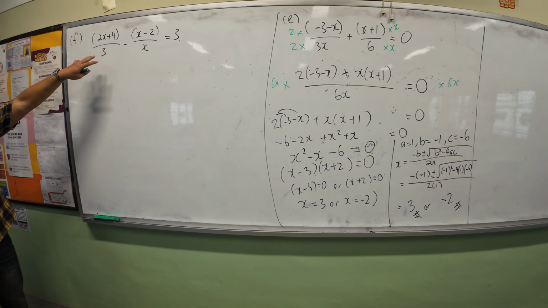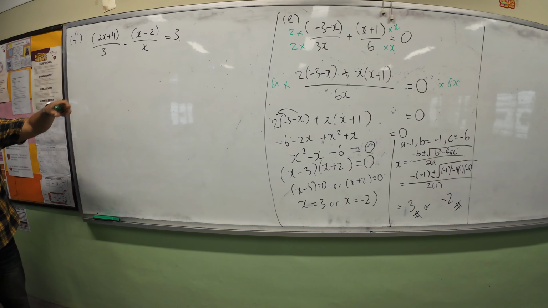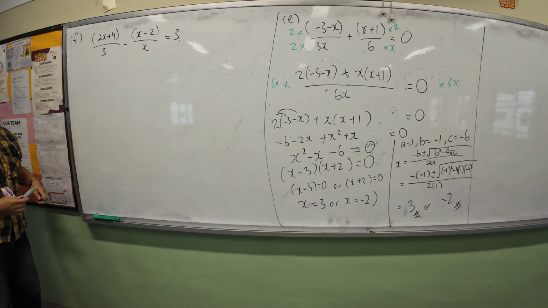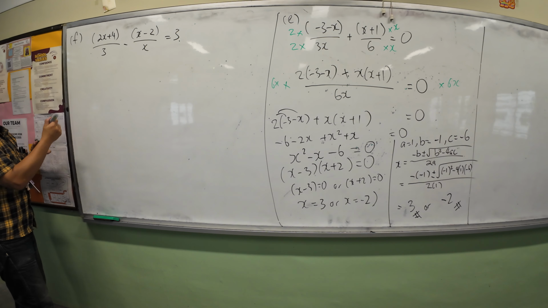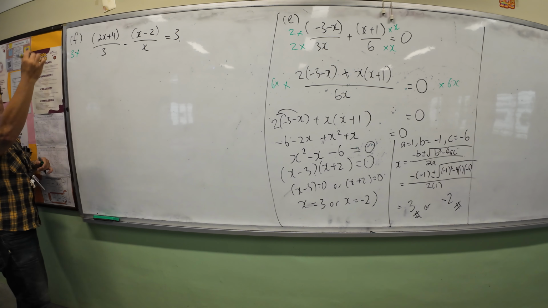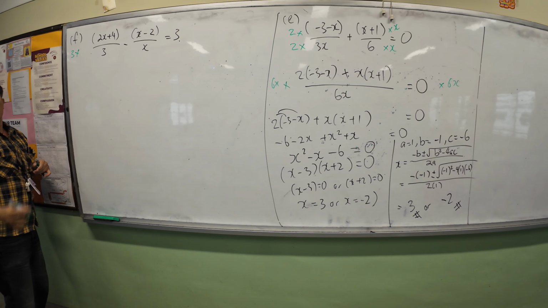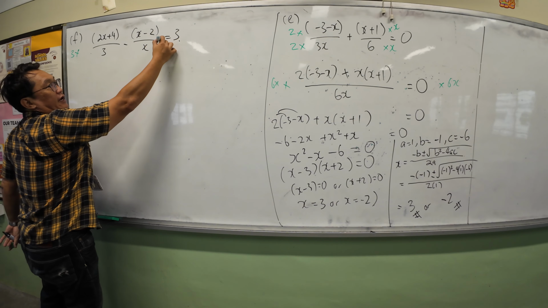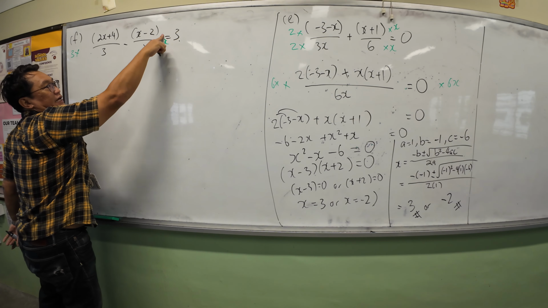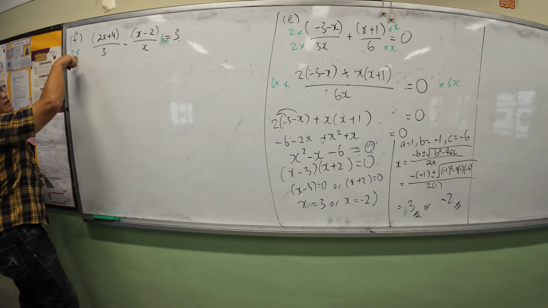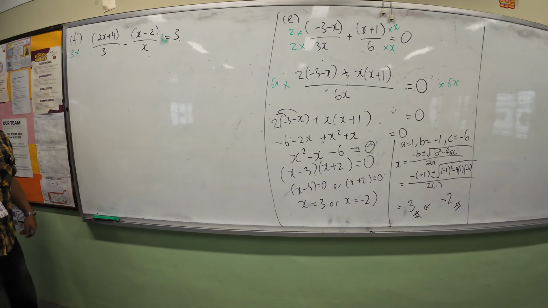Okay? If I don't want this denominator, I need to multiply 3. If I don't want this denominator, I need to multiply x, so that the x can cancel the x, the 3 can cancel the 3.